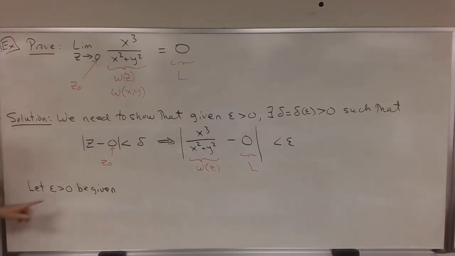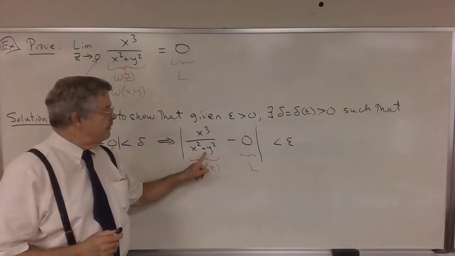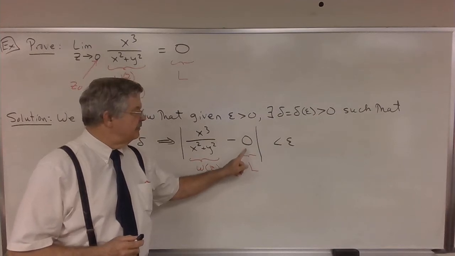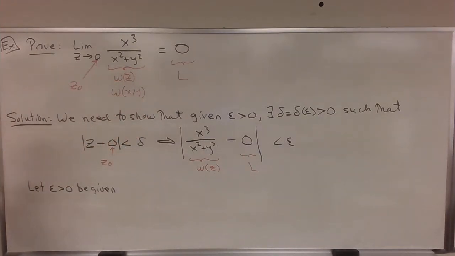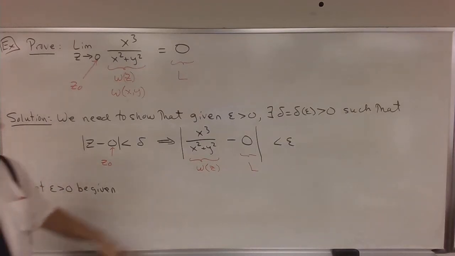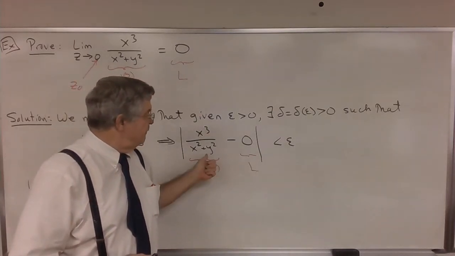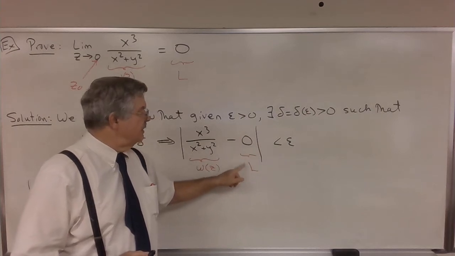No matter how small epsilon is, this says that we can make our function within epsilon units of our limit 0. And so now we've got to find a delta so that if z is within delta units of z naught, then this function will be within epsilon units of our limit.